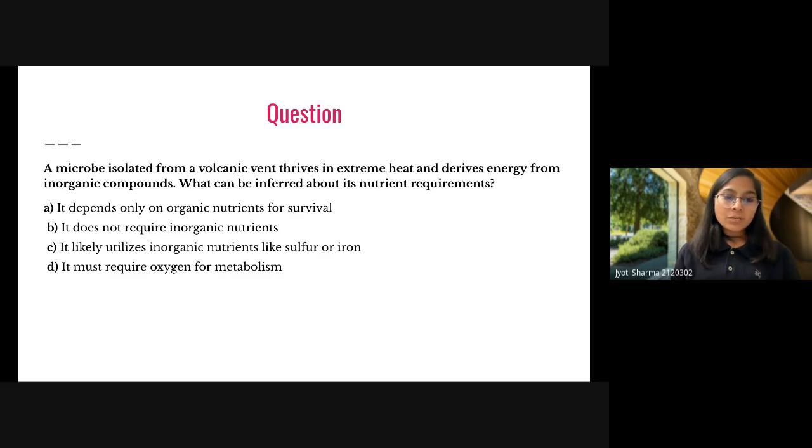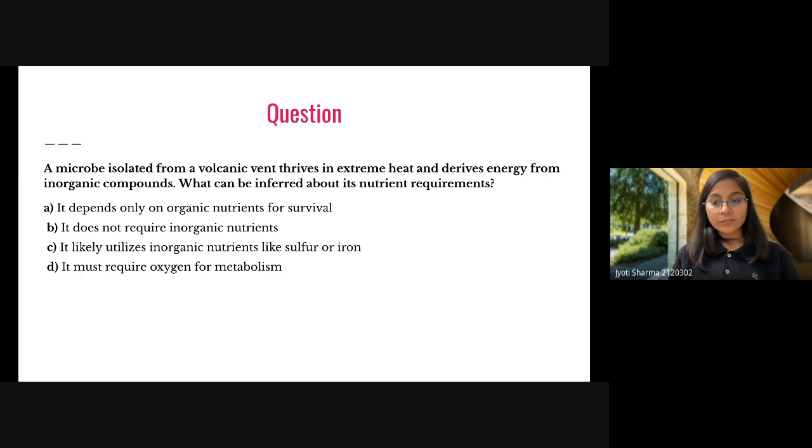The options: it depends only on organic nutrients for survival; it does not require inorganic nutrients; it likely utilizes inorganic nutrients like sulfur or iron; it must require oxygen for metabolism. So what do you think the right answer is?